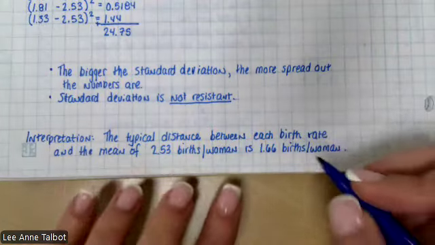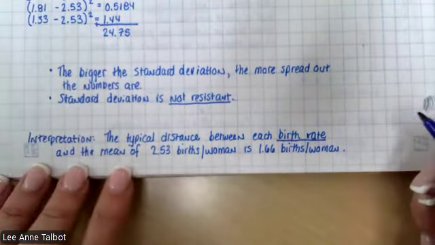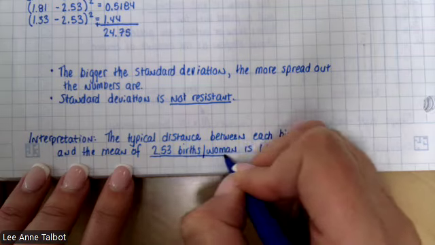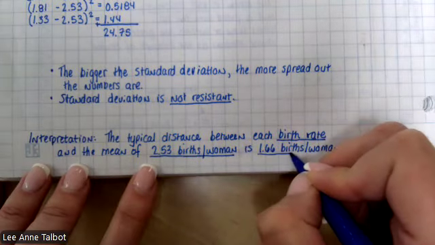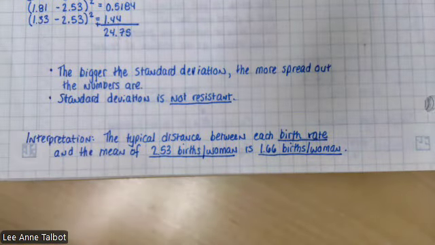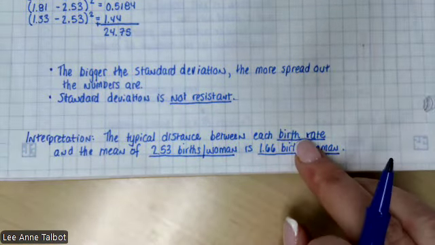And in this part, I am going to underline birth rate, the number for the mean, and the number for the standard deviation, because those are the values that will get switched out in each different interpretation and each context. So this will be the context of the problem.